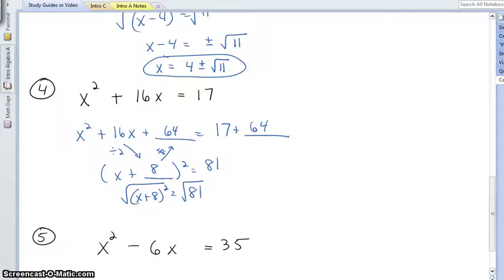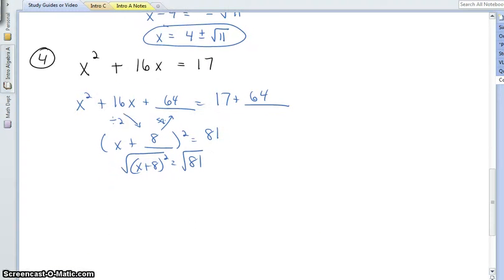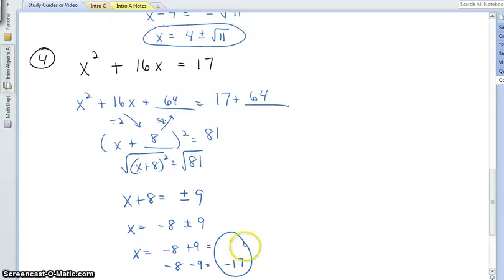Because you are taking the square root on both sides, you need to account for both the positive and the negative part. Since you're taking the square root, you don't know if it was a positive originally or a negative originally. So x equals negative 8 plus or minus 9, which means it could be negative 8 plus 9, in which case it's positive 1, or negative 8 minus 9, in which case the answer is negative 17. Two potential answers.